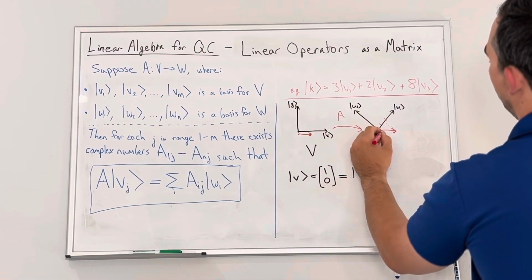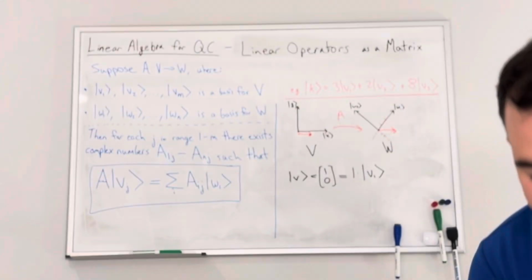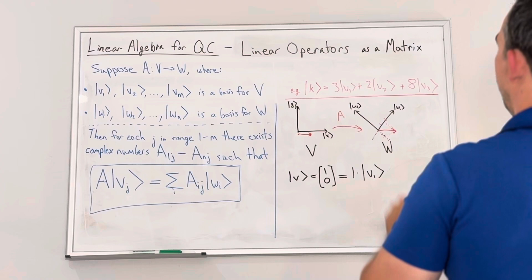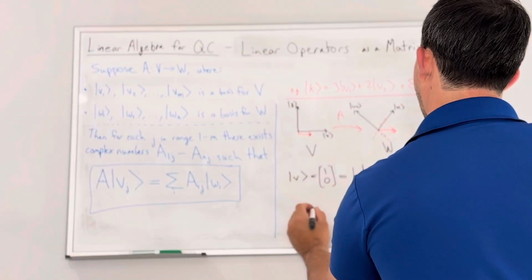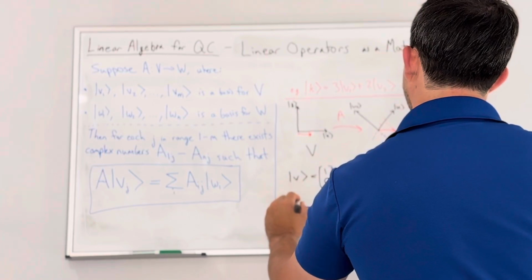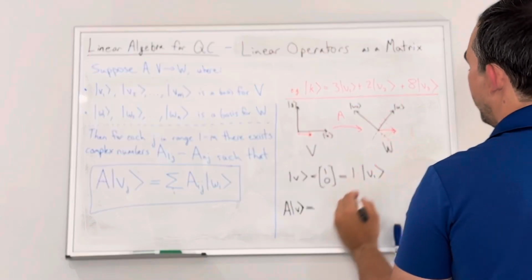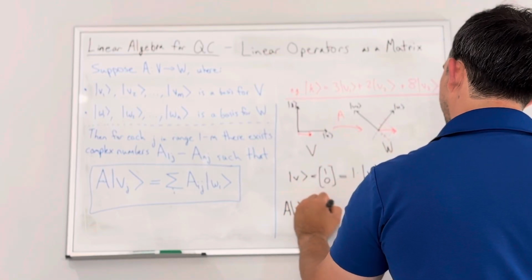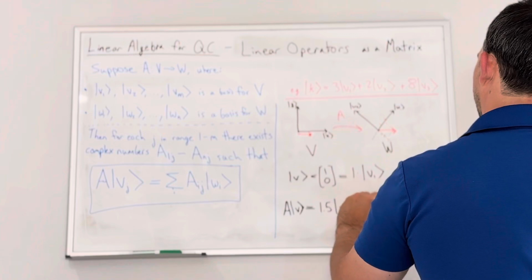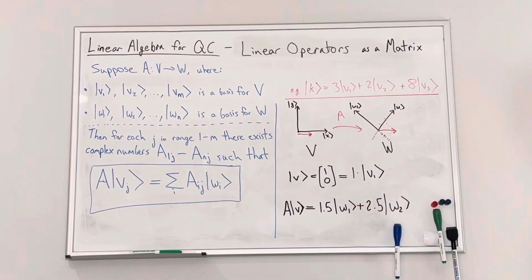Let's say that A being applied to V equals 1.5 times w1 plus 2.5 times w2.